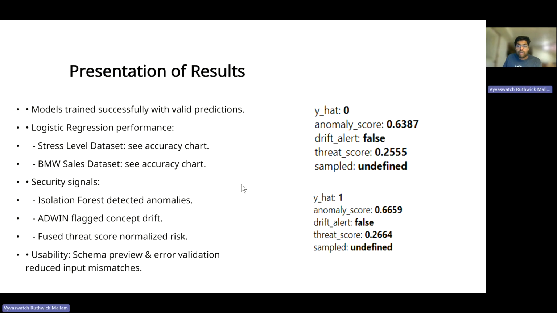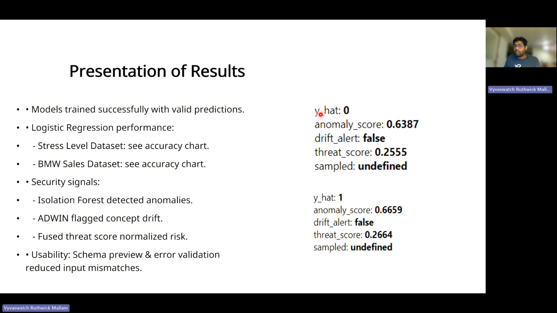And then I'm explaining the results which have been outputted. We can see that there's y hat, which is the prediction. It gives out 0 and 1, which says yes or no, like a binary classification.